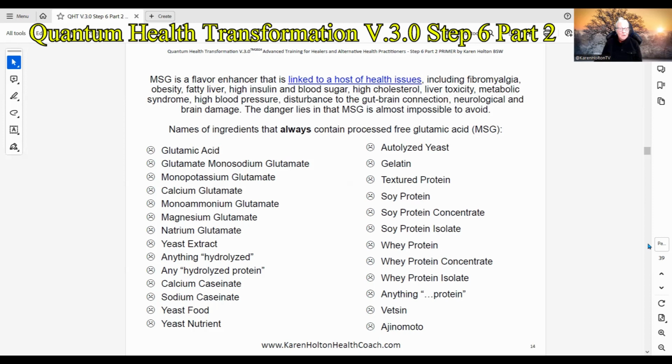Glutamic acid, glutamate, monosodium glutamate, monopotassium glutamate, calcium glutamate, monoammonium glutamate, magnesium glutamate, natrium glutamate, yeast extract, anything hydrolyzed, any hydrolyzed protein, calcium caseinate, sodium caseinate, yeast food, yeast nutrient, autolyzed yeast, gelatin, textured protein, soy protein concentrate, soy protein isolate, whey protein concentrate, whey protein isolate, anything that includes the word protein, vetsin, and also a Japanese word is, I'm going to try to pronounce it, Ajinomoto.